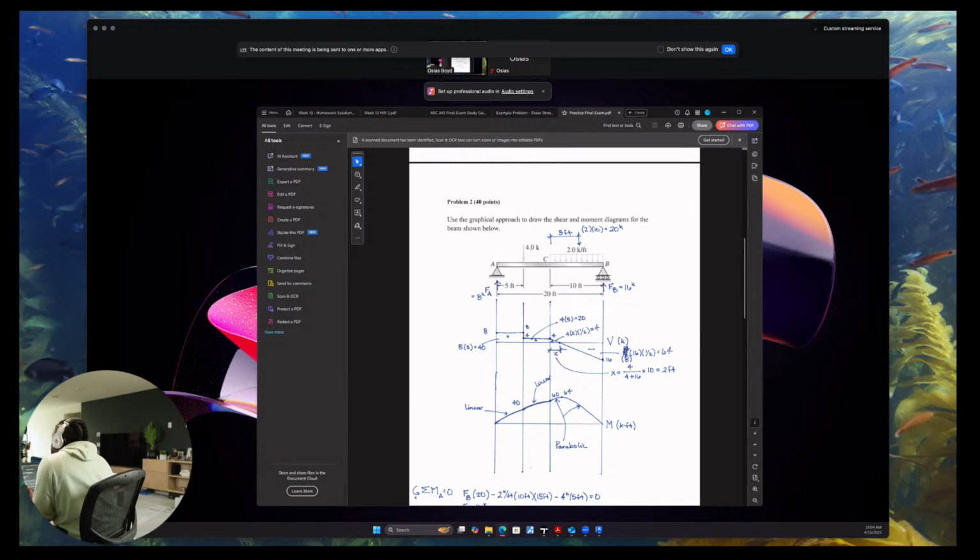So 10 is our distance, 15, sorry. 15 is our total distance to center, and then we got 10. It's representative of how far the load was distributed over. Minus 4 kips times 5 equals 0.